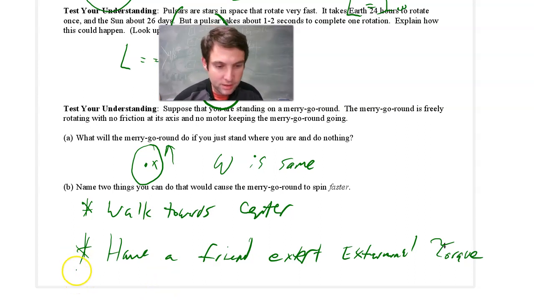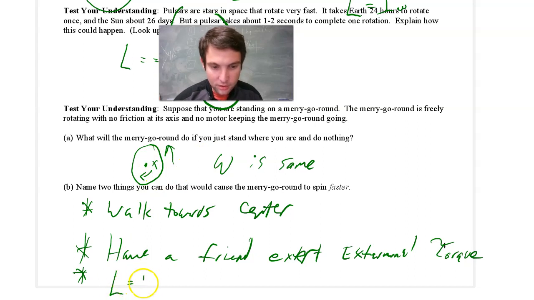And the out-of-the-box idea would be if your merry-go-round was rotating this way, and you start running in the opposite direction, the merry-go-round is going to have to compensate for that negative omega, that negative angular velocity that you are having. And it's going to do that by rotating faster.